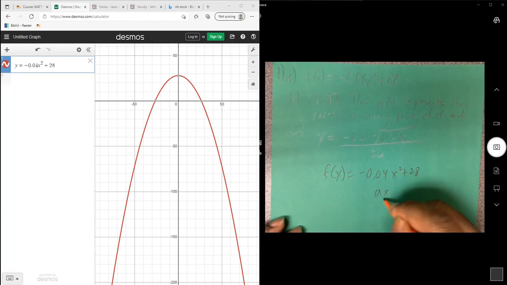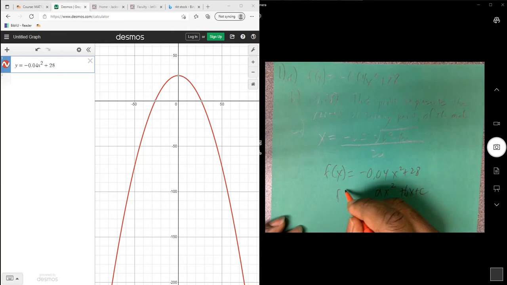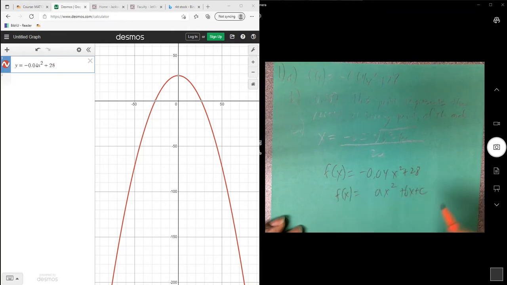So it'd be ax squared plus bx plus c. We know the standard form. So a is the value in front of the variable squared.